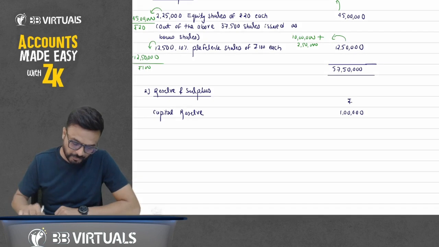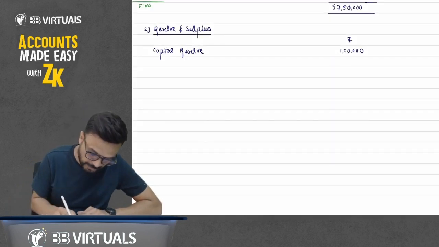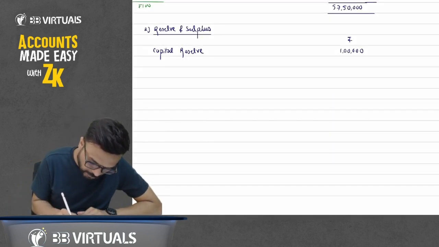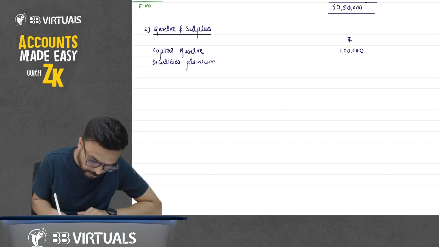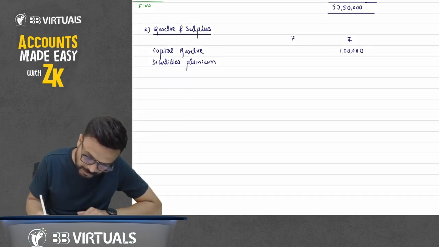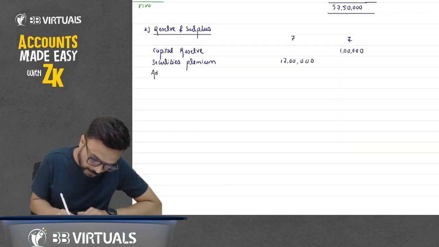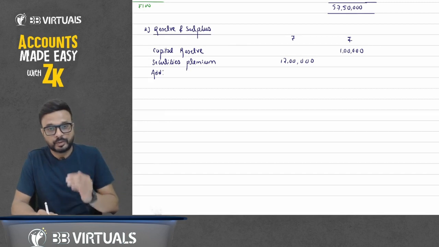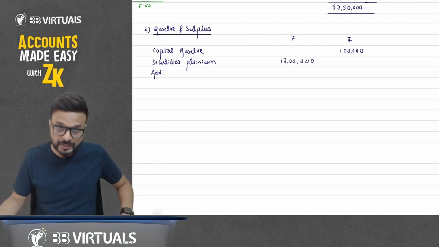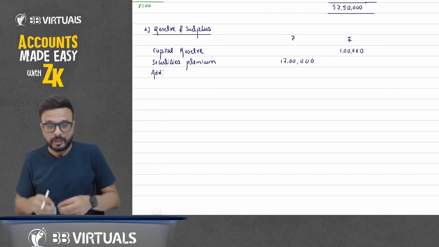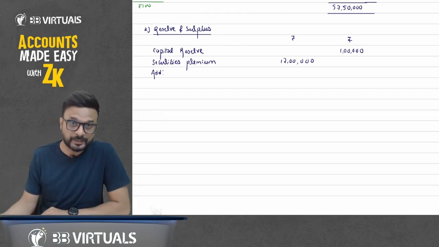In detail, first write down securities premium. How much is it? It is 12 lakhs, as given in the balance sheet. And we have credited it to securities premium account when we issued debentures at premium. Remember, when we issue at a premium, the premium amount comes only in the securities premium account.